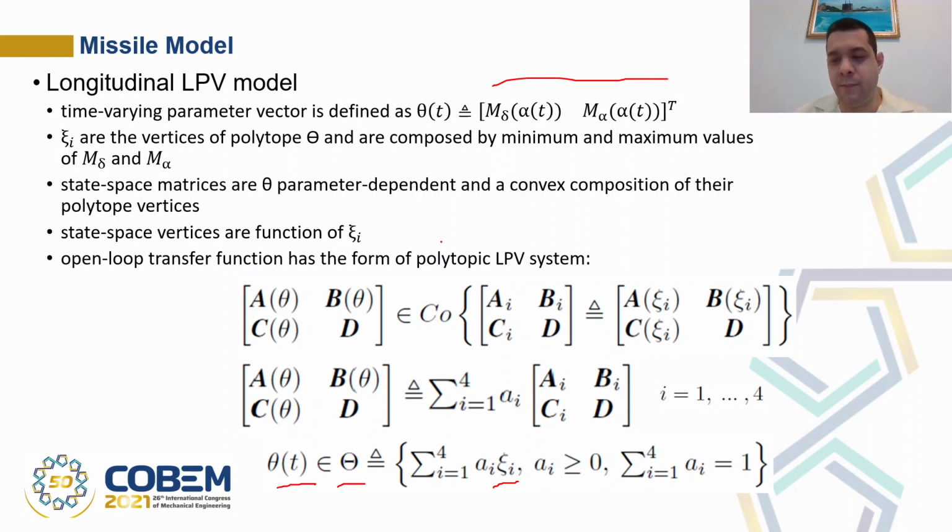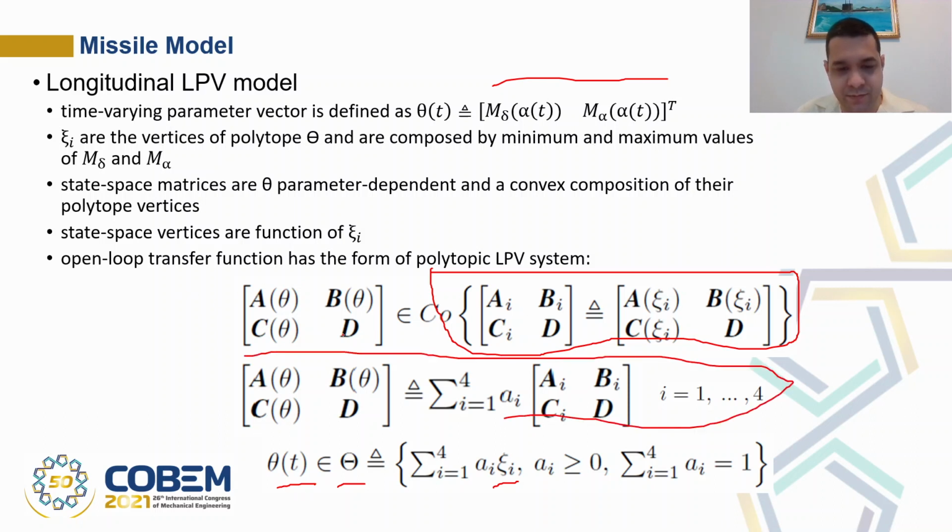Vertices xi are composed by minimum and maximum values of M delta and M alpha. State space matrices also vary inside a convex polytope whose vertices are a function of xi here, and state space matrices are also parameter dependent in a convex composition of their polytope vertices here.